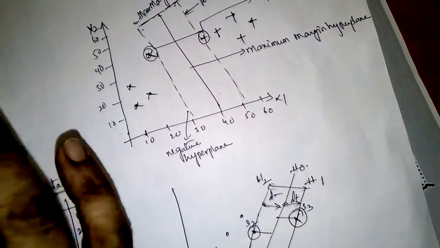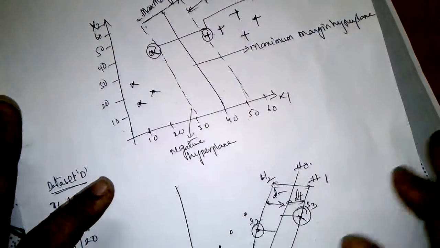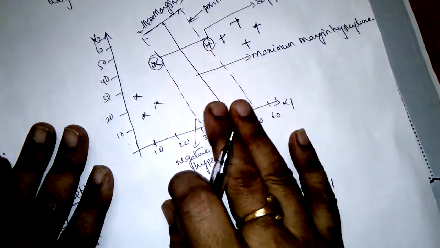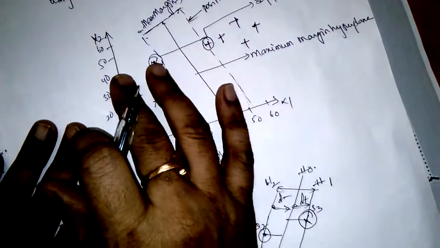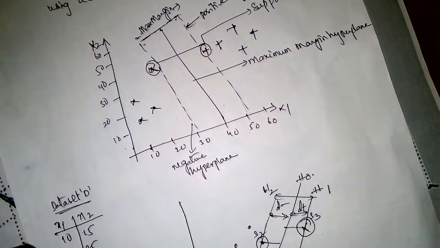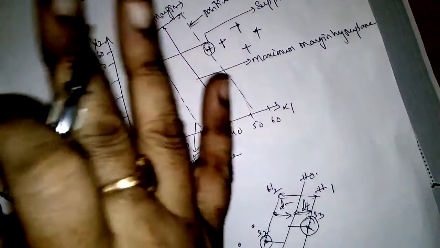This is the main goal of support vector machine. When we make a decision boundary, we can easily predict the new class label based on the features of that attribute.